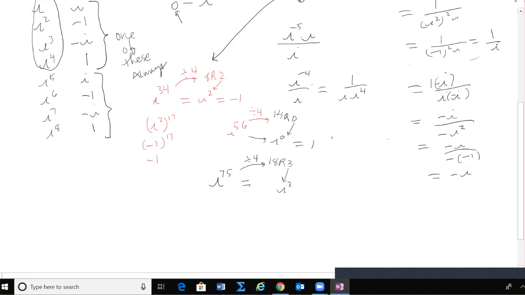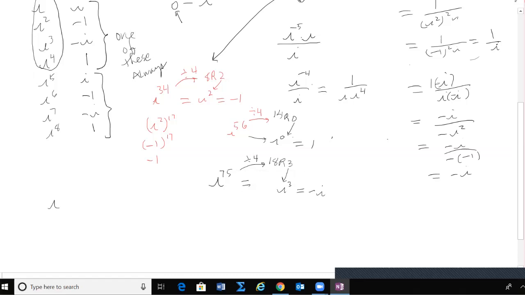So if you've got that memorized, then you know that the final answer is just a negative i. Okay, so this is another way. If you were doing a lot of these, this would be kind of a neat way to help you remember it. But I don't think it's really better than what I showed in the first place.